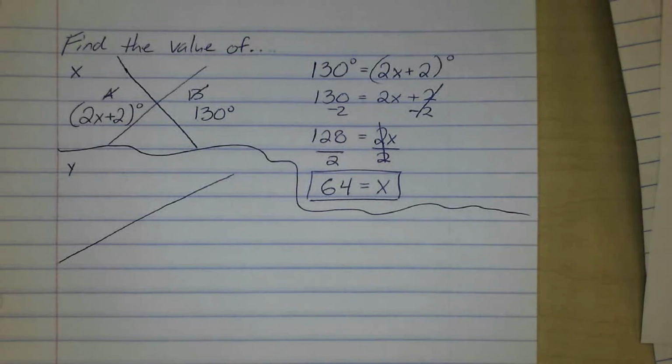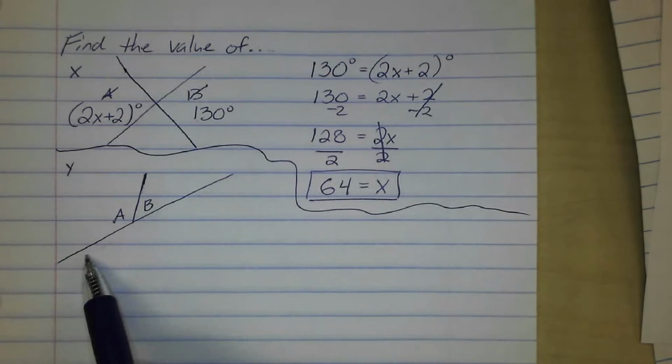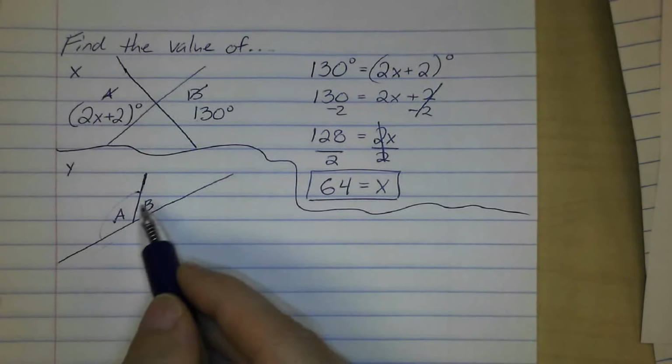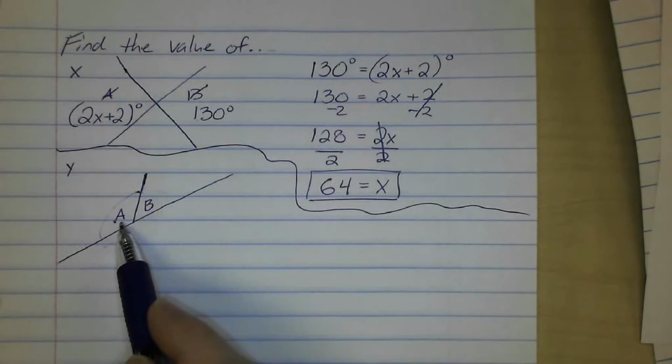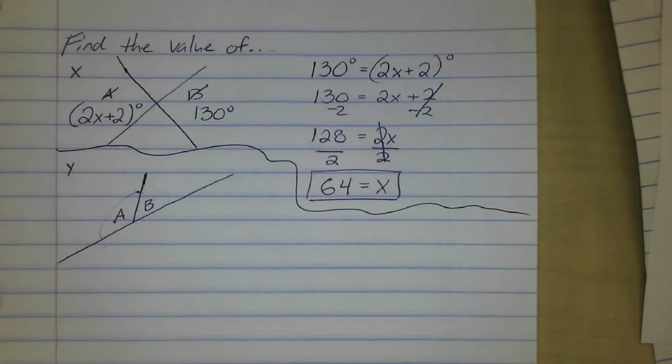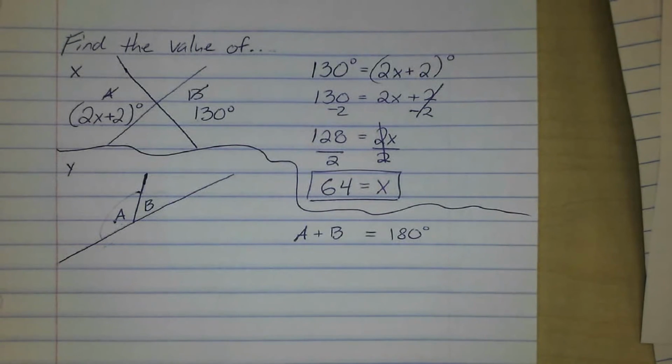Let's take a look at one that involves adjacent angles. Now, remember, a straight line, just like the dead, asleep baby, represents 180 degrees. So if I chop this straight line into two pieces, this angle and this angle, I know that angle A plus angle B have to add up to 180 degrees.